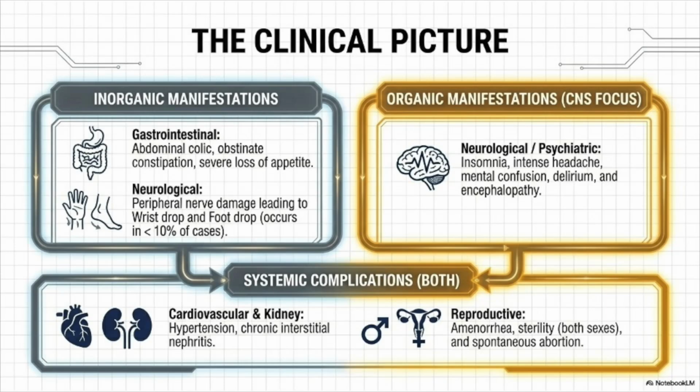The nervous system develops peripheral neuropathy, resulting in weakness of the wrist extensors and the characteristic wrist drop. In children, lead may cause developmental delay, learning disabilities, reduced intelligence, behavioral changes, seizures, and encephalopathy. The reproductive system may show infertility, spontaneous abortions, and adverse pregnancy outcomes.